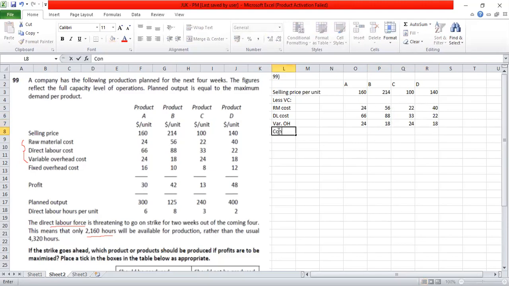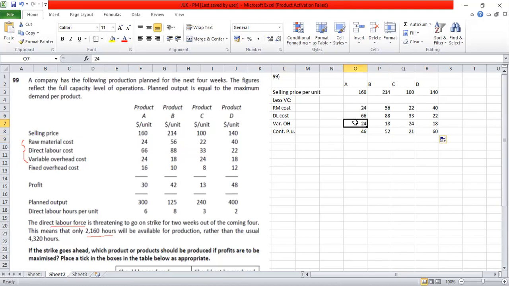Now find out the contribution per unit. That is step number one.